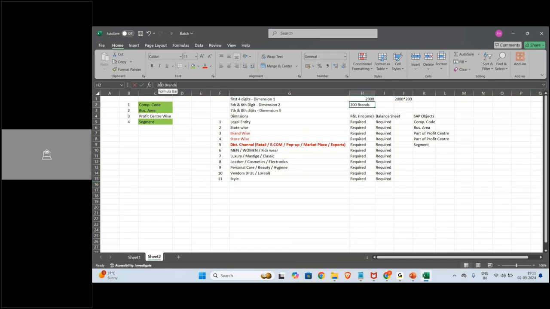Then it becomes 2000 into 1500. How much is this? 30 lakhs of profit center. They will send you out of the project if you make this recommendation.